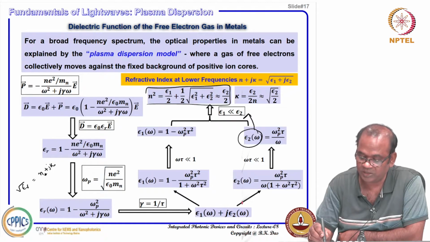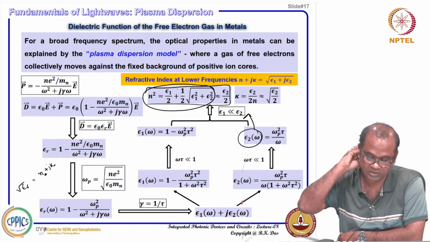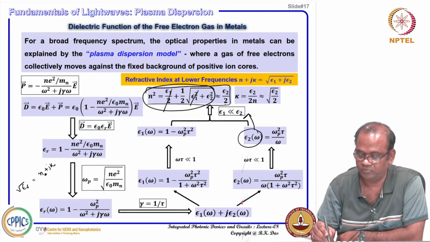Since epsilon 2 is much greater than epsilon 1, the real part of the refractive index can be approximated as, so we can cancel this one, this one, so epsilon 2 by 2 approximately, because epsilon 2 is dominating.